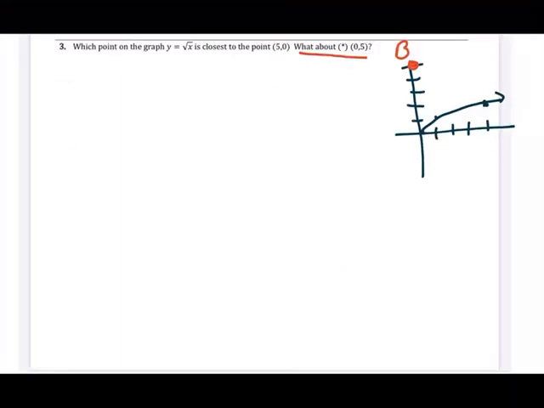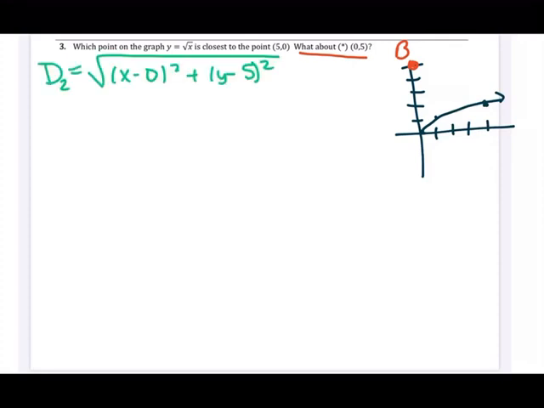So now we're looking at the same curve, y equals the square root of x, and we're identifying what point on that curve is closest to the point (0, 5). So again, we're going to be looking at the distance. Since I'm using the letter D again, I'm going to use a subscript like the number 2 to talk about this distance. I'm going to plug in the point (0, 5).